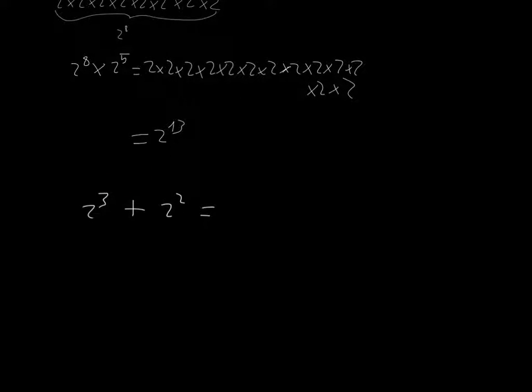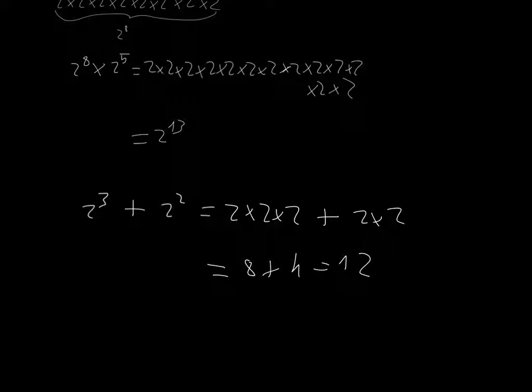But it is not, because this is 2 times 2 times 2, not times but plus 2 times 2, which is equal to 8 plus 4, which is 12, and is not equal to 2 to the 5, which is incidentally 32, if I'm not mistaken. So be very careful. You can do the adding up when you have exponents like this. You cannot do it like that.